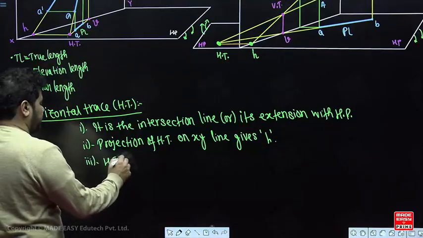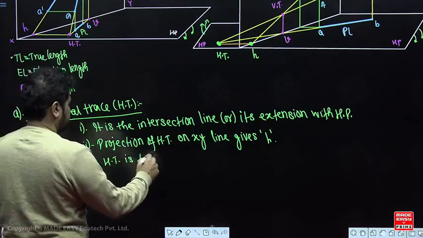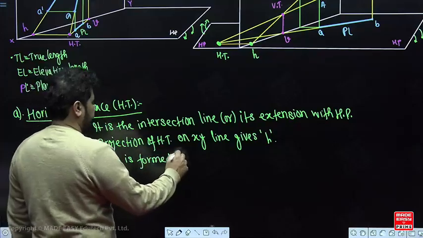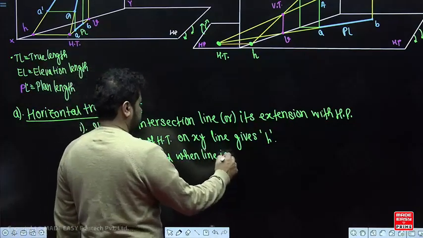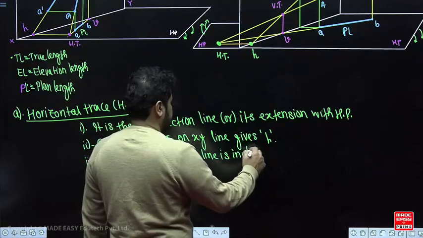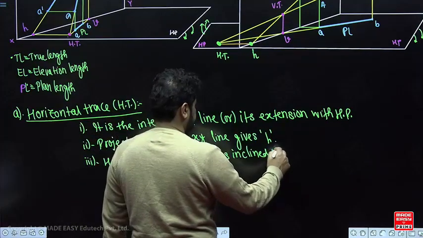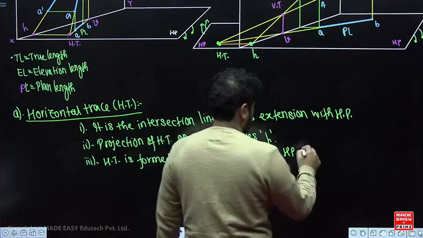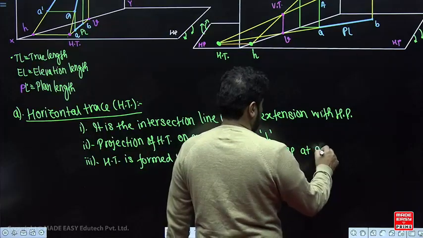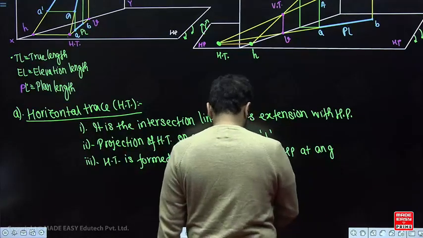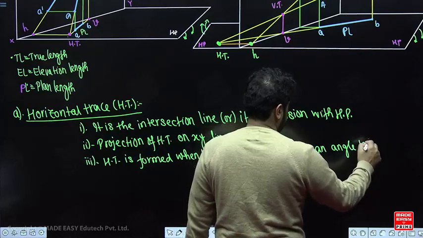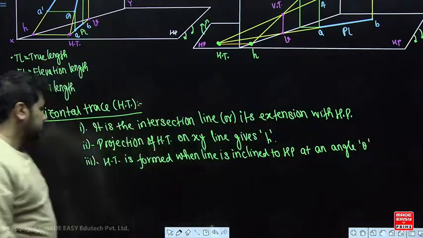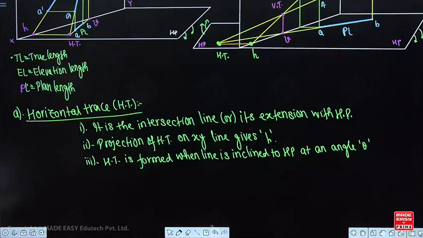Third, HT is formed when the line is inclined to HP at an angle theta, है ना. HT कब फॉर्म होगा?